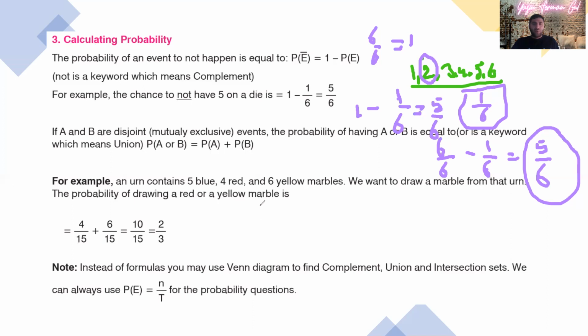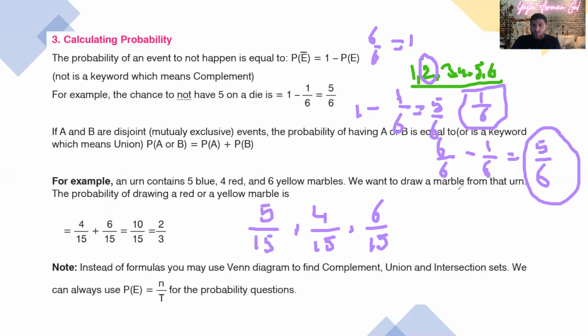So for blue it's going to be 5 over 15, then 4 over 15, and then 6 over 15, because this is blue, red, and then yellow.